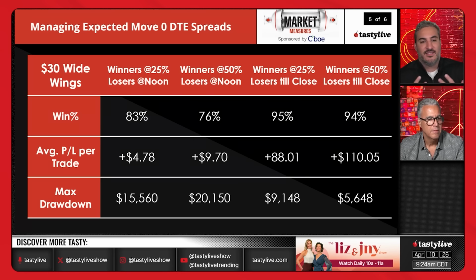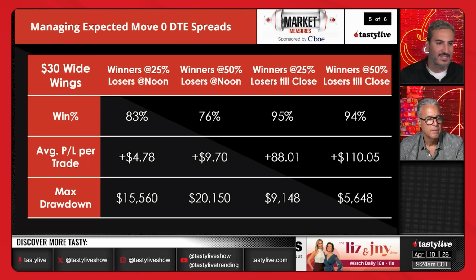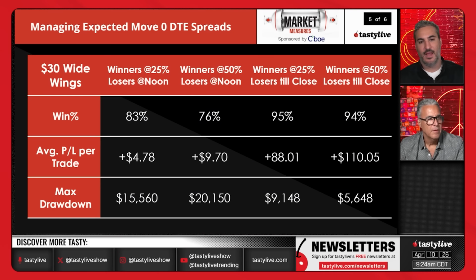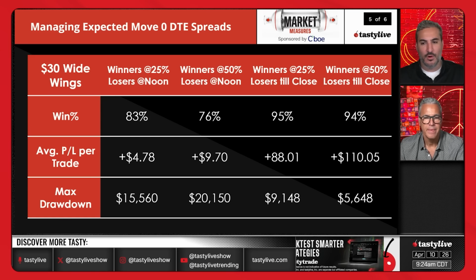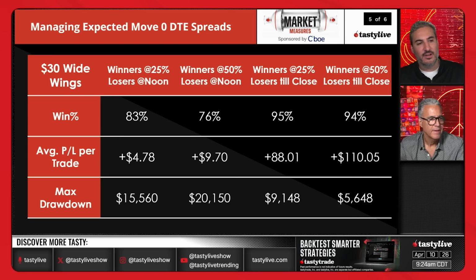And so your wins are basically the same size, but you're putting on more of that tail risk. And that's why your drawdowns have gotten so much bigger as you've widened out the spread. So I think the key takeaway here is keeping your spreads $10 to $20 wide is probably the spot to be, versus going $30 wide and having more of that tail risk with very little added reward on your trade.